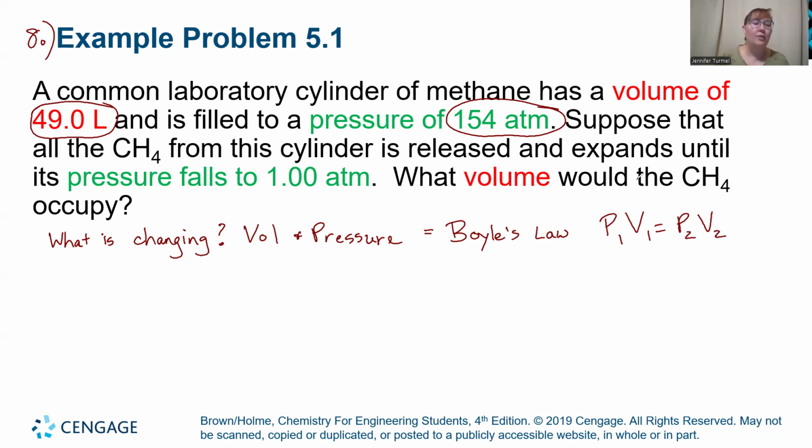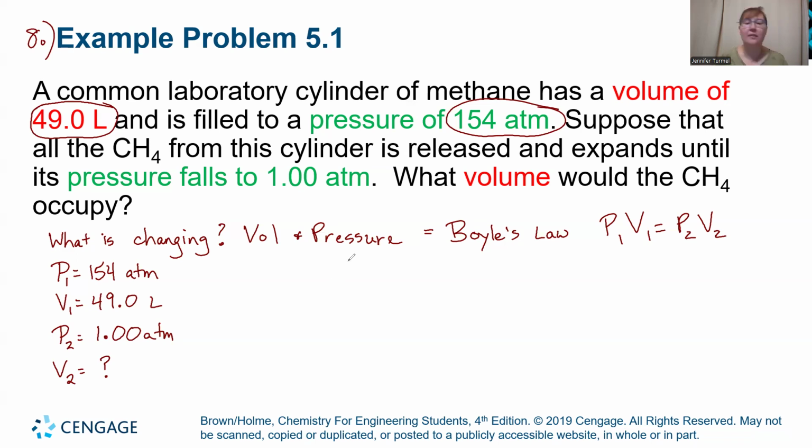Okay, so now the first thing to do here is to say, okay, well, our initial pressure is 154 atmospheres. And our initial volume is 49.0 liters. And our final pressure is 1 atmosphere. And our final volume is what we're looking for. So we can set up our math here.